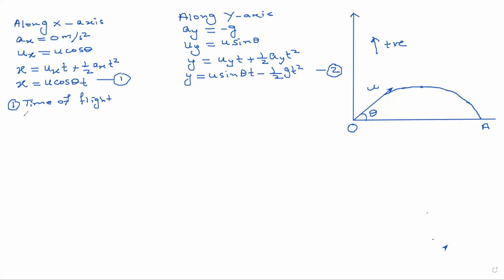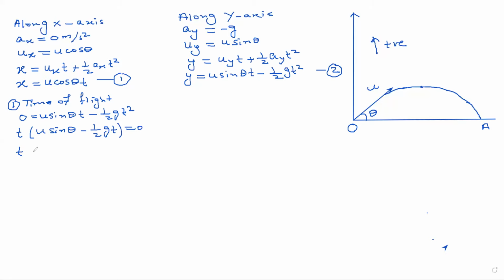Putting y equal to 0, we get u sine theta t minus half gt square equal to 0. Solving, t(u sine theta minus half gt) is equal to 0.